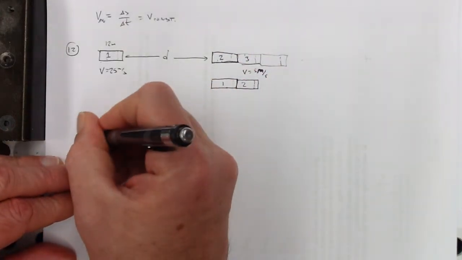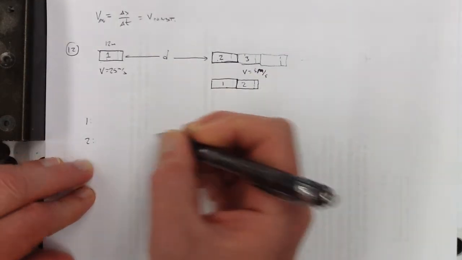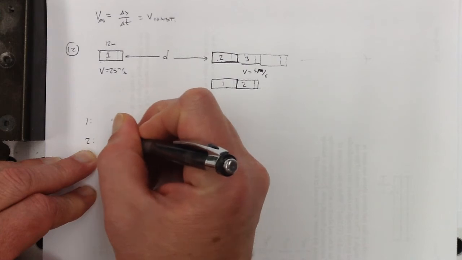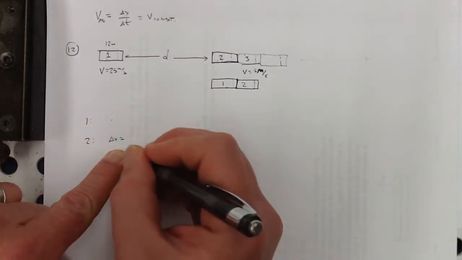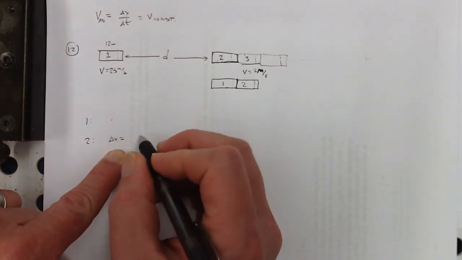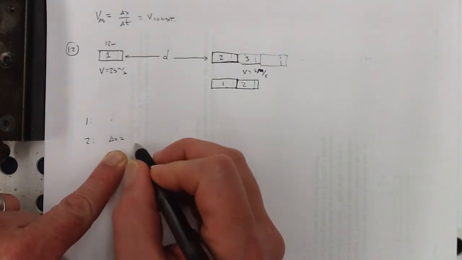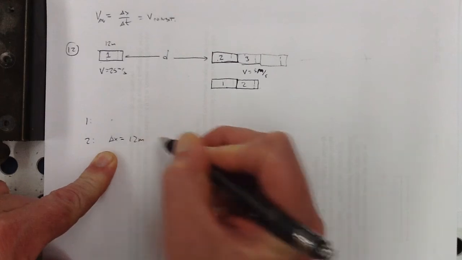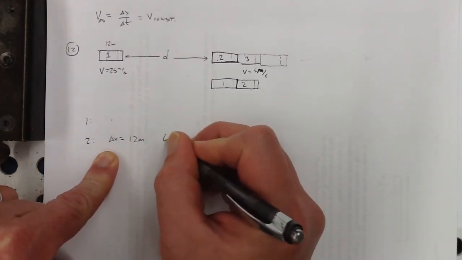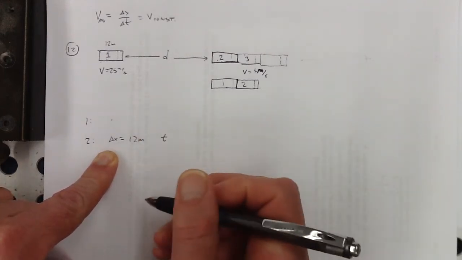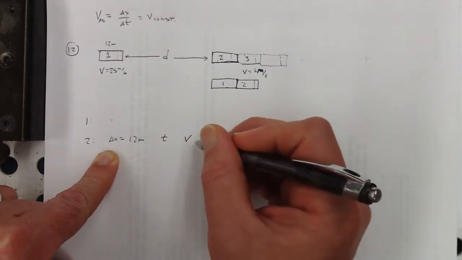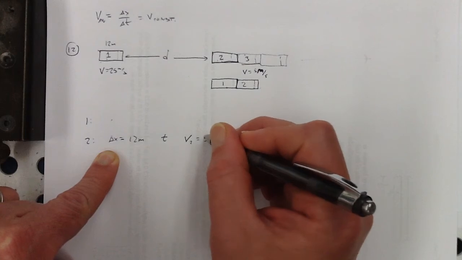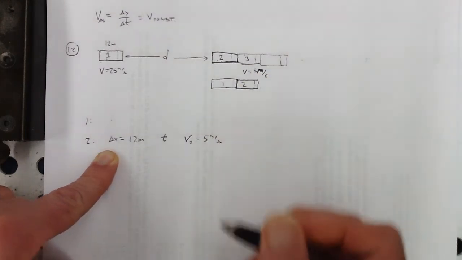So car 2, the distance it traveled, its delta x, is 12 meters. And the time is whatever the time is, and the velocity of car 2 is 5 meters per second because it's in the slow group.